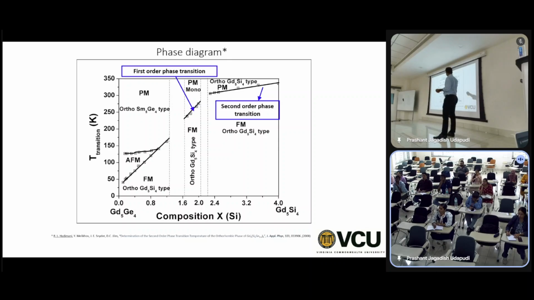So we thought we'll do completely gadolinium silicide, which has a transition temperature of about 340. So we'll only do gadolinium silicide so that it's completely magnetic at room temperature. And it's also a completely binary phase, which means it's easy to work with.